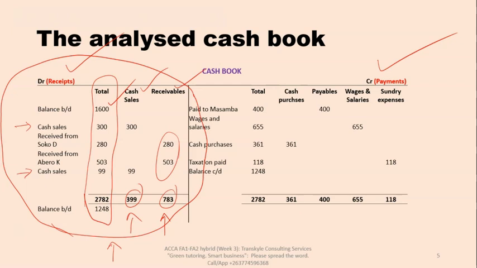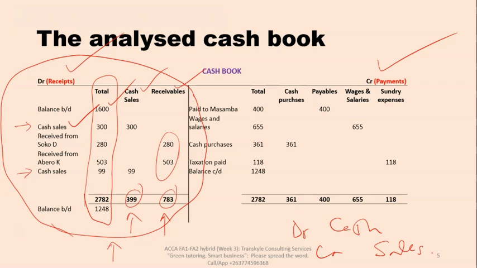For example, the cash sale. When we make a cash sale, we debit cash, as you see here. Cash has been debited on the debit side, but we credit sales. So the credit entry was actually the sale.